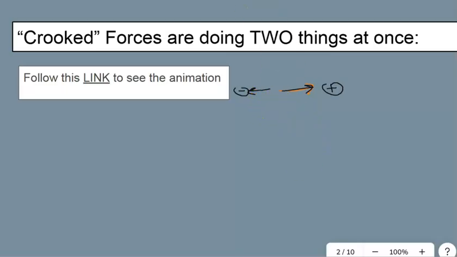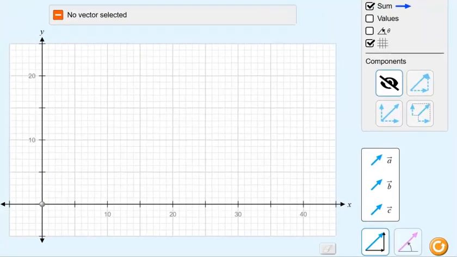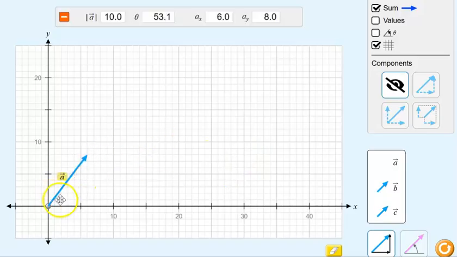Now we're going to look at forces that are crooked, and it means that they have a little bit of force to the right and a little bit of force up. And this is called being a vector.